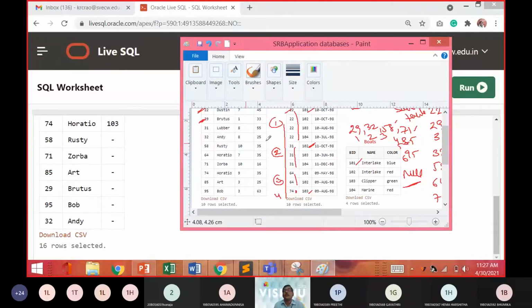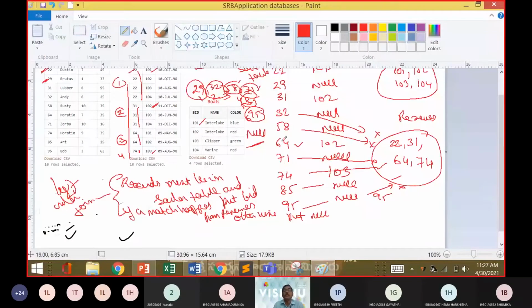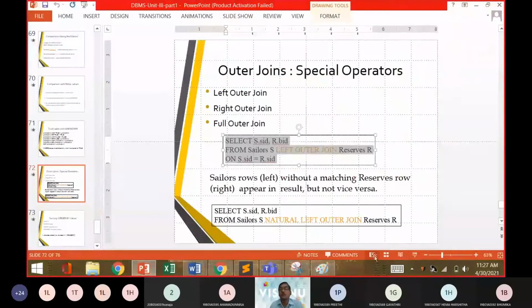Next one, 85, we put it as null. 29, we put it as null. 95, we put it as null. 32, we put it as null. Rest they are matched, right? 74 has to be matched to 103. Have we done it? Yeah, 74, it is matched to 103. We have done it.